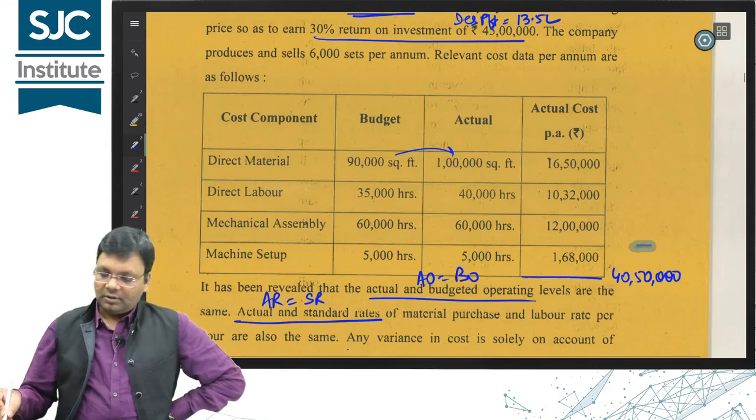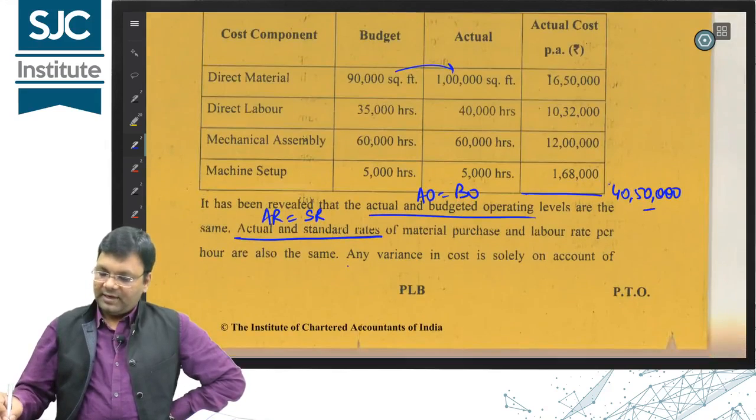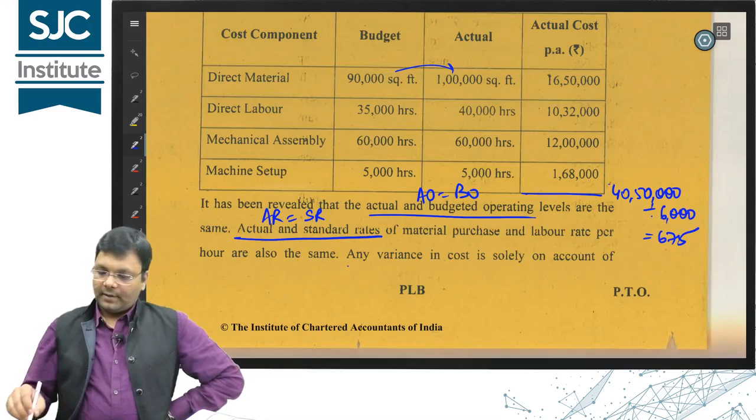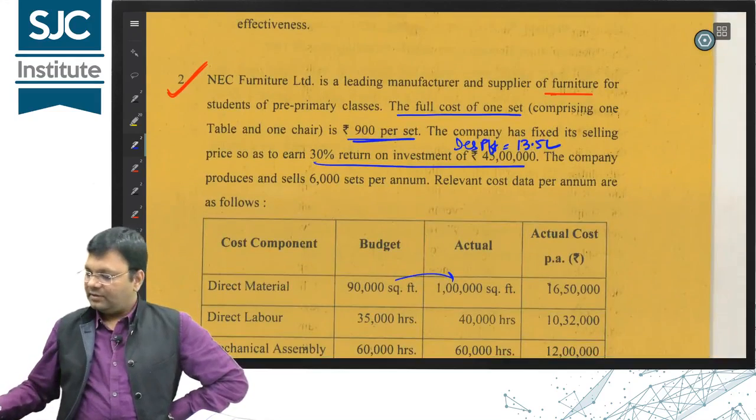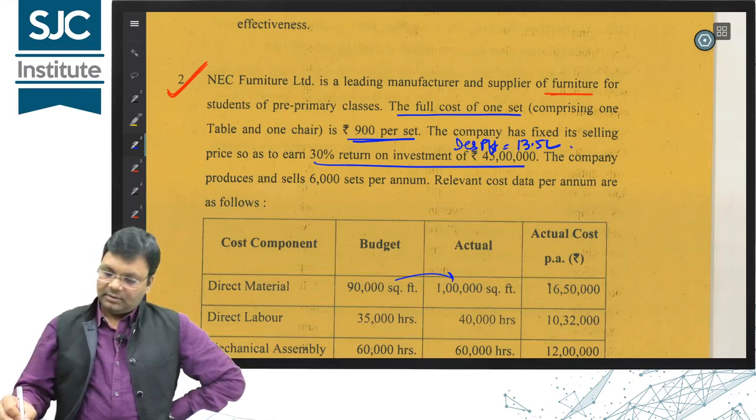So this is our total cost divided by 6,000. Divide by 6,000 is our current cost, which is 675. Then profit, 13.5 lakh from 6,000 units, it will be 13,50,000 divided by 6,000, which is equal to 225 per unit.